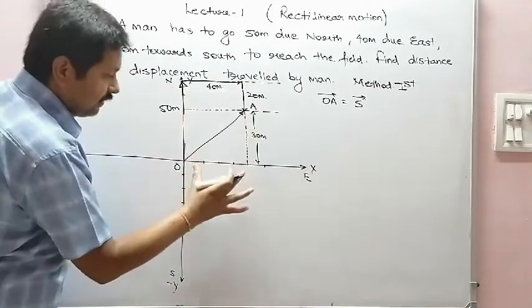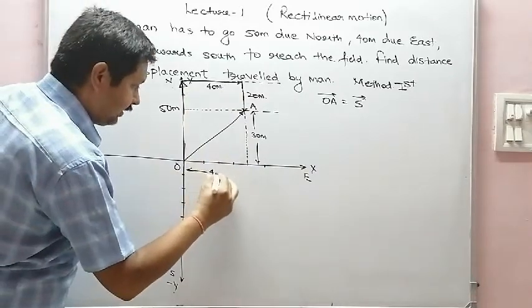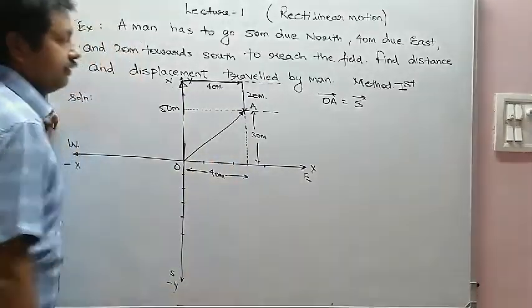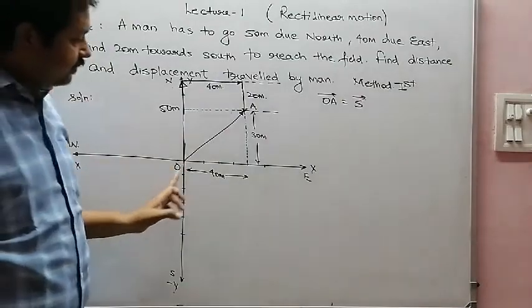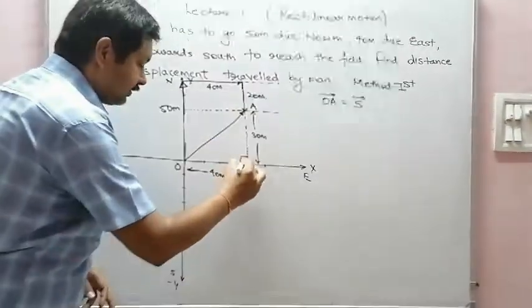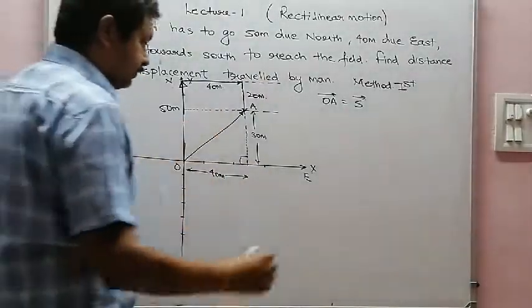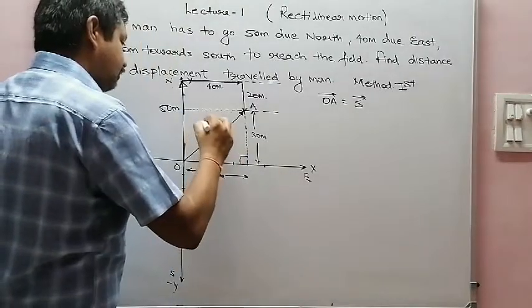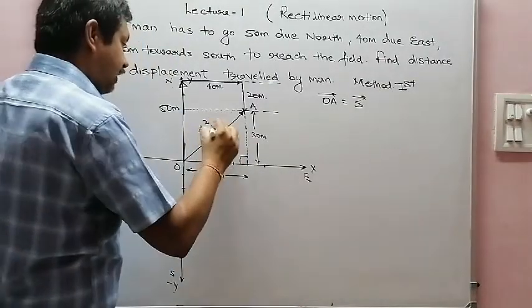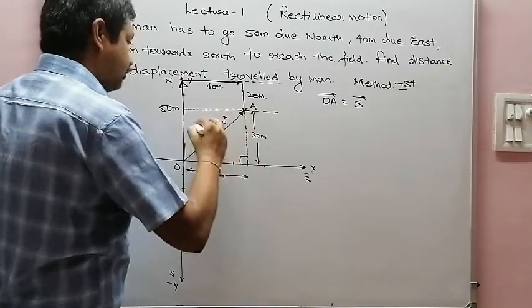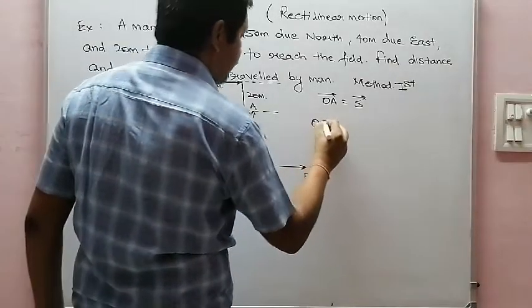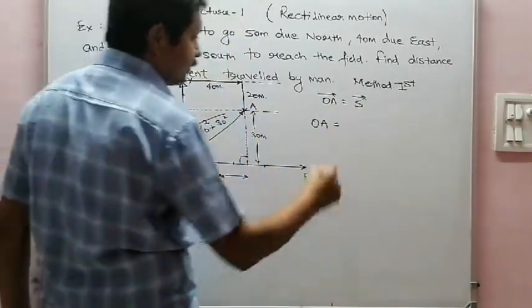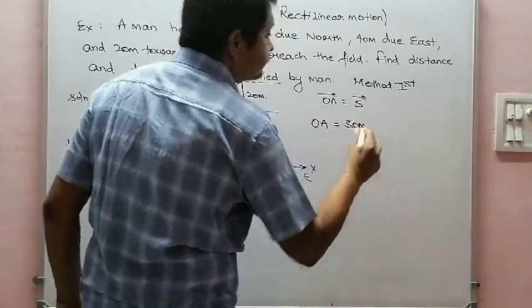This is 40, then this becomes again 40. Since this triangle is a right angle triangle, from Pythagoras theorem, the hypotenuse becomes the square root of 40 square plus 30 square. So magnitude of OA, that is length of OA, is 50 meter.